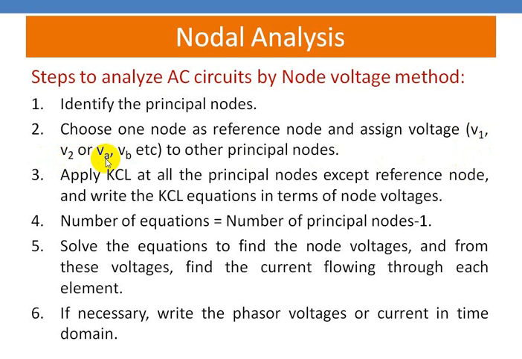Otherwise we can name like this also. If the node is named as A, then VA indicates voltage at node A, VB indicates voltage at node B.